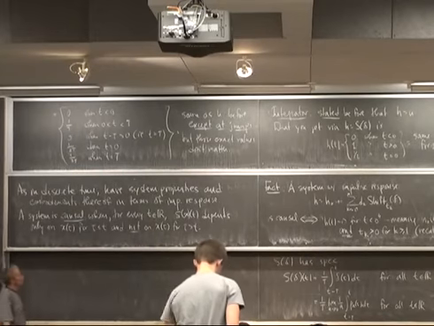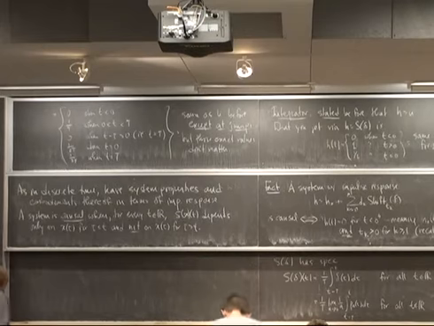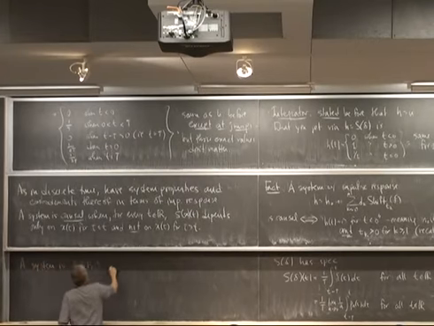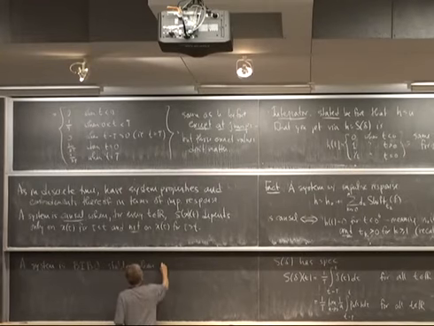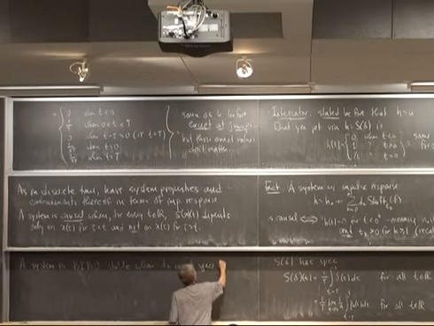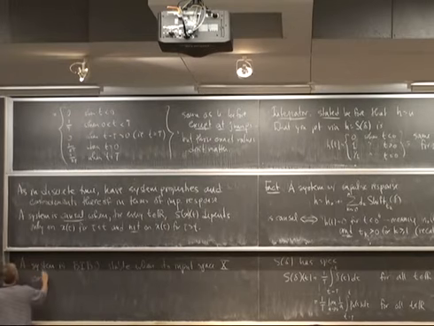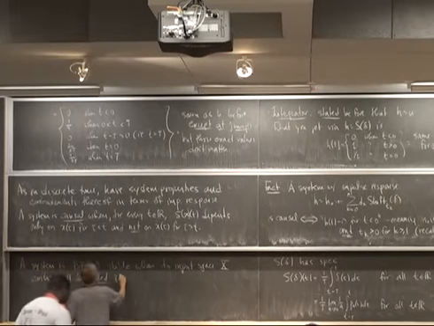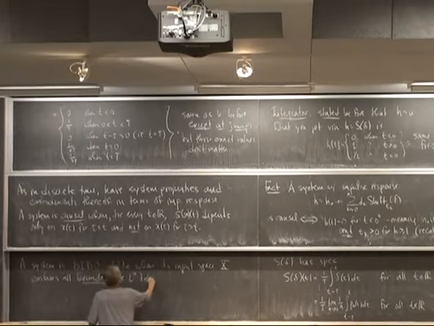And what about BIBO stability? The system is BIBO stable when its input signal space contains all the bounded continuous-time signals, that is to say, capital L infinity signals.